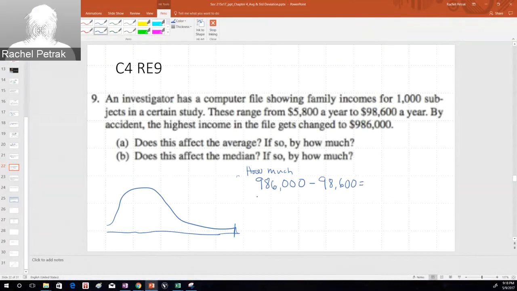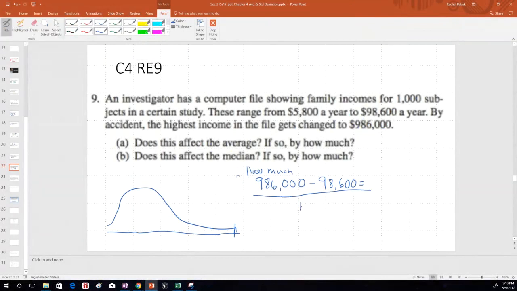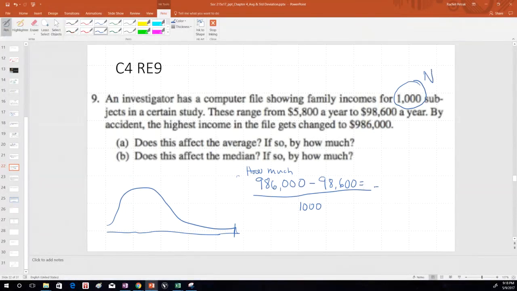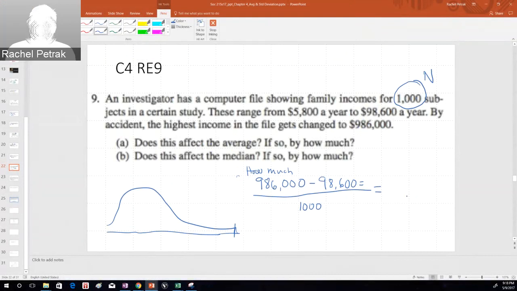Oh, and then divide by 1,000 because that's the number of participants. We're dividing by 1,000 because we have 1,000 up here. It's n. Remember, we divide by n quite frequently. And so this whole thing together is going to be $887.40.